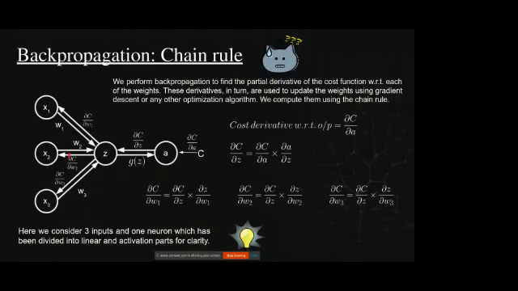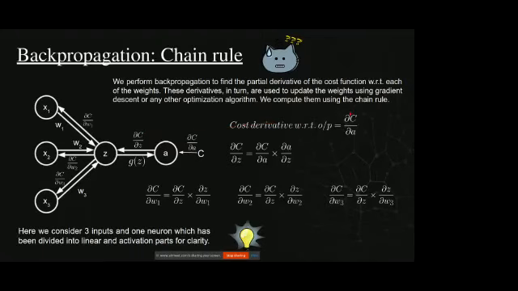Here you can consider x1 till x3 as the input layer, and z and a as one neuron. We have just split the function of linear calculation and the activation function into two. So if we look here, we can find out the weight. We cannot find out the derivative we asked for, that is ∂C/∂w1, directly. Therefore, we use something which is called the chain rule.